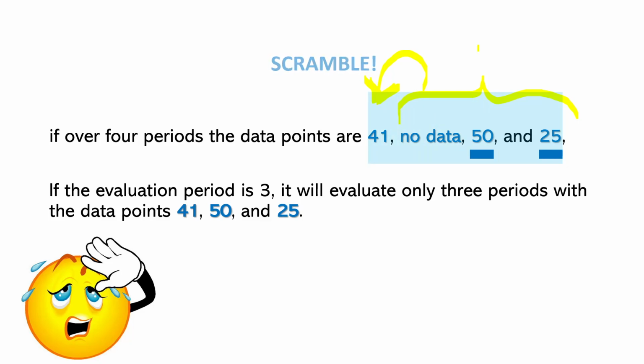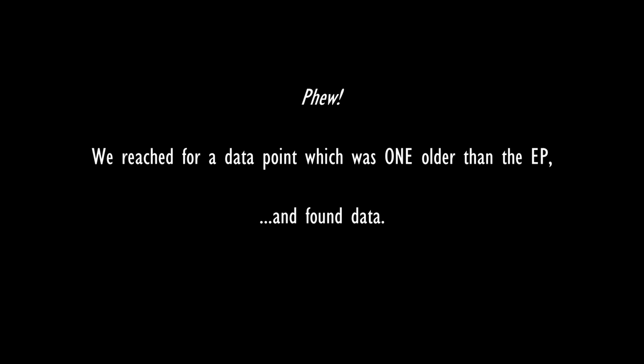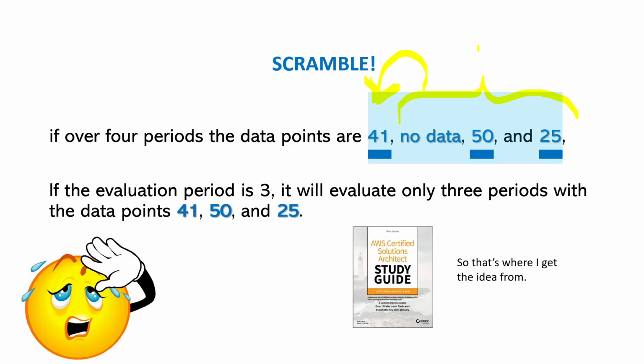And we reach back to get the 41, and now we've got our EP. So that's where this idea of scrambling came from, and that's why I'm associating it with TAM, or treat as missing.